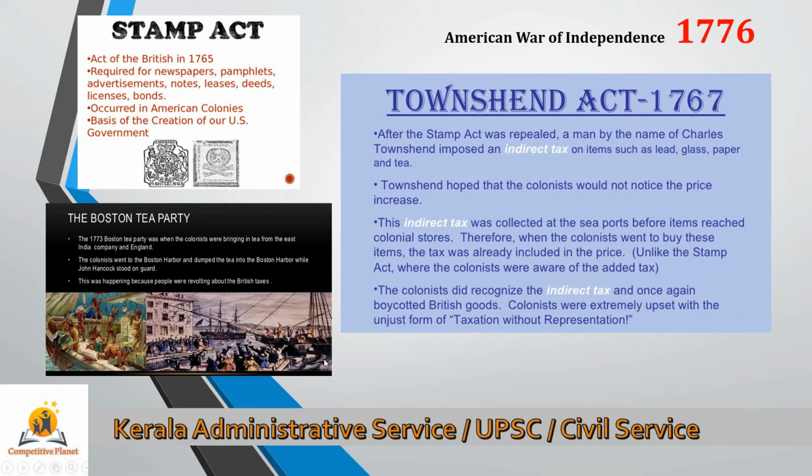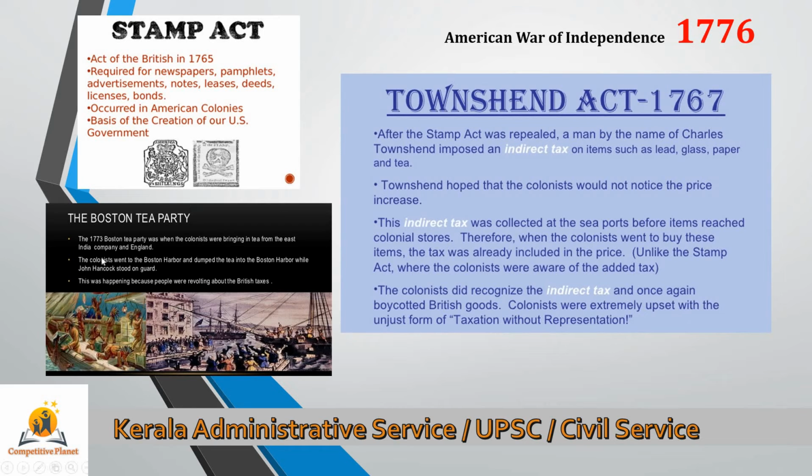And now let me explain about the Boston Tea Party. This happened in the year 1773. After the Stamp Act, two years later you can see the Townshend Act, and then around five years after that the Boston Tea Party occurred.